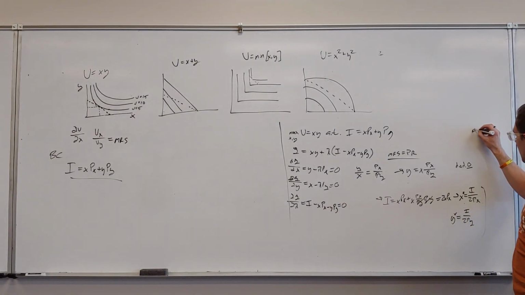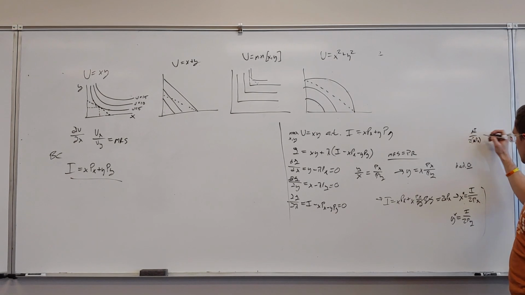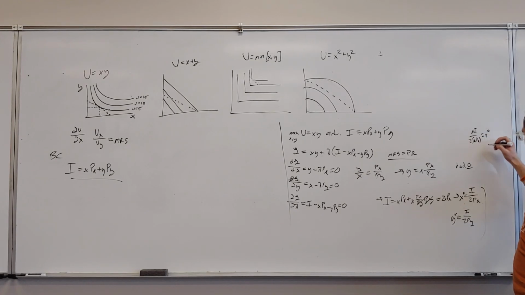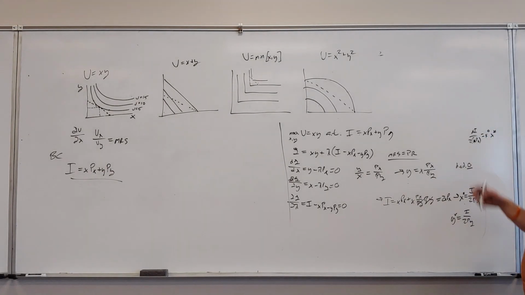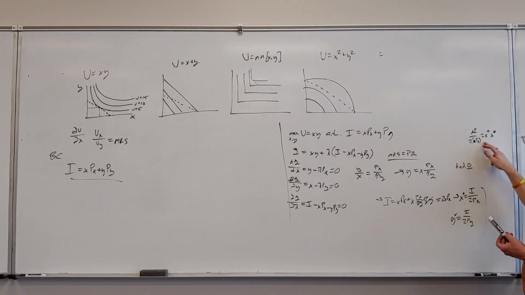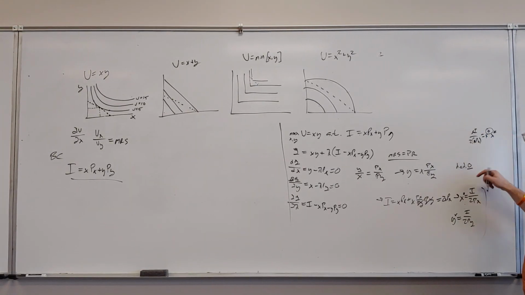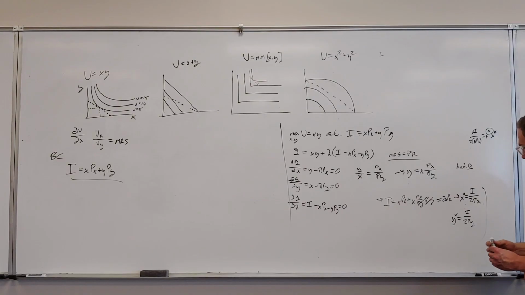So we got k I over 2 k px. We're multiplying the I and the px by some constant k, and those k's are actually going to cancel out. So what this ends up being is k to the 0 times our initial function, right? X star, k to the 0 x star. And this 0 means it's homogeneous of degree 0, okay?